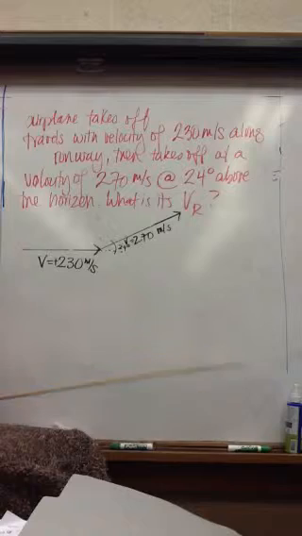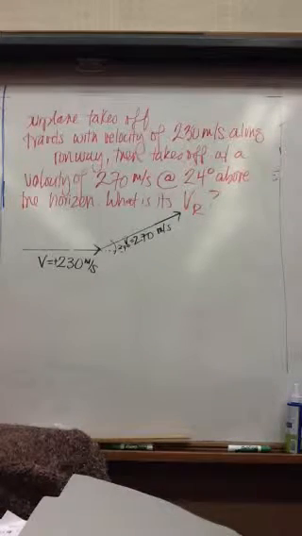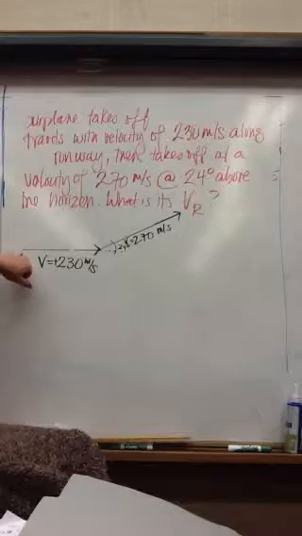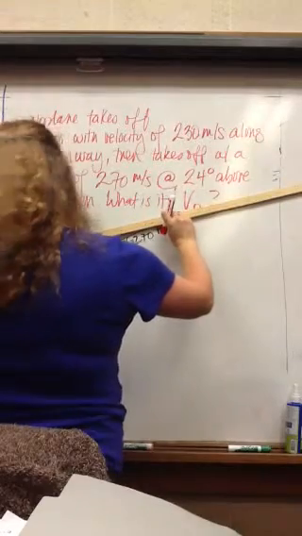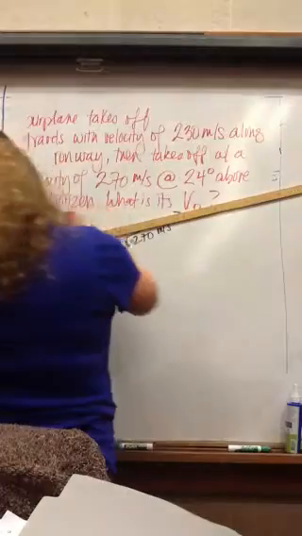Let's do our resultant now, and I'm going to switch colors. And remember, your resultant connects what two things? Beginning of your first vector, end of your last vector. So here, I'm going to draw in my resultant.